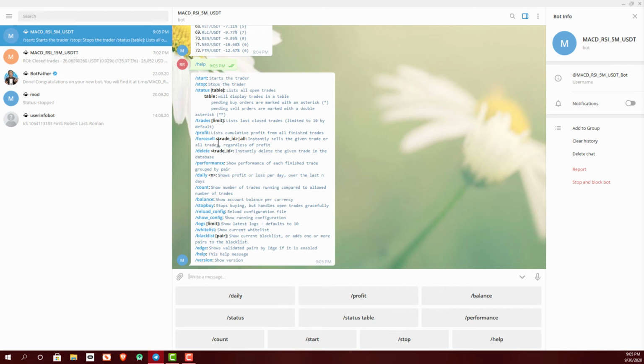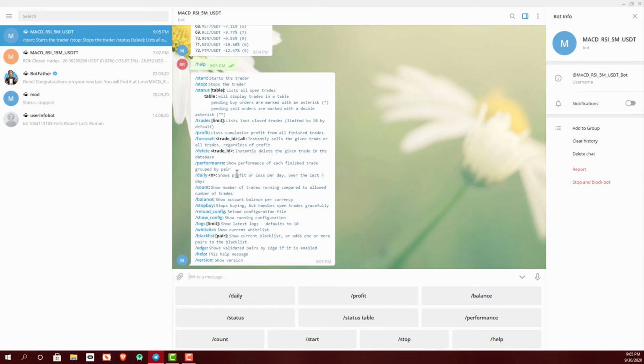You could just go ahead and do force sell and then put the number of the trade, and that would actually sell that trade so you don't lose any more money. And we got delete. So if you want to delete a trade that wasn't working correctly, like number 72, you could actually put /delete 72 and it'll go ahead and get rid of it.